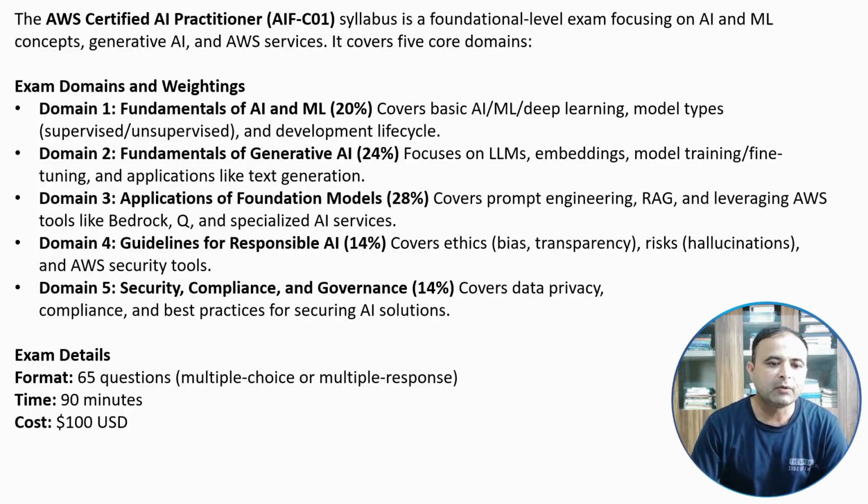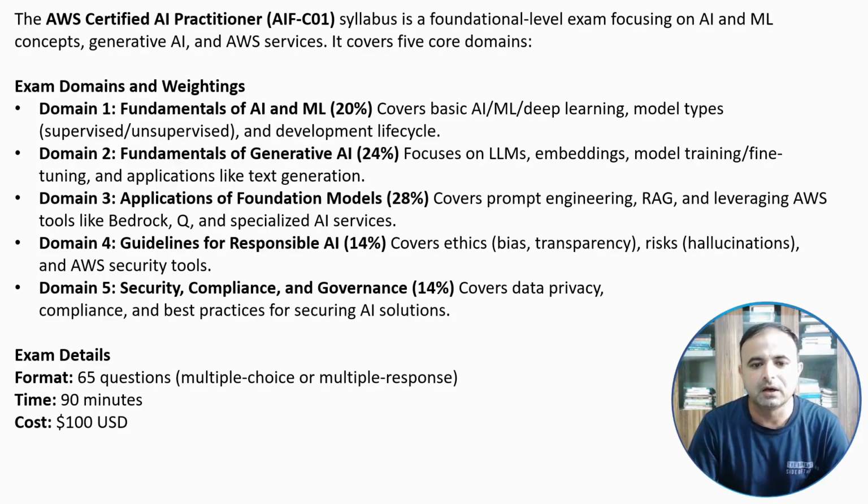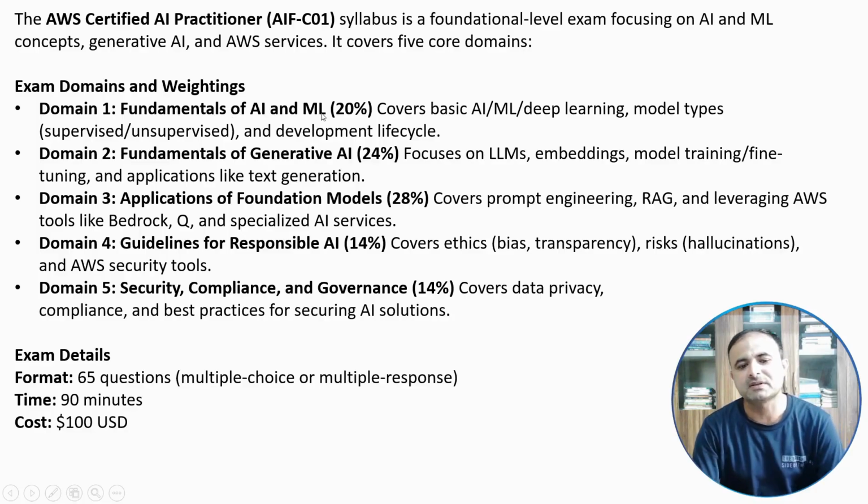Now, I want to discuss the syllabus for this certification that you have to learn and focus on. The syllabus is a fundamental level exam focusing on AI and ML concepts, generative AI, and AWS services. Now, exam domains and weighting: first, fundamentals of AI and ML, that is 20%.